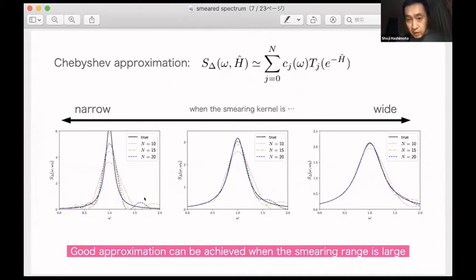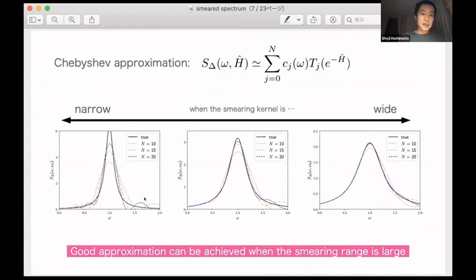And you can see that if you have 15 or maybe 20 polynomials, then you can nicely follow the exact, true solution. So the approximation is really nice in this scale. But going to narrower and narrower smearing, the approximation gets harder. And you can easily imagine that if you take the limit of the smearing width going to 0, the approximation gets extremely hard.